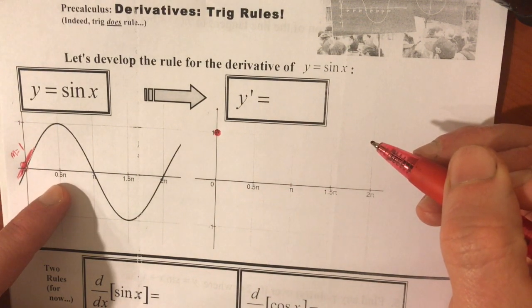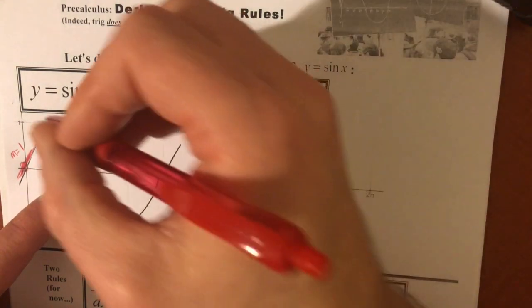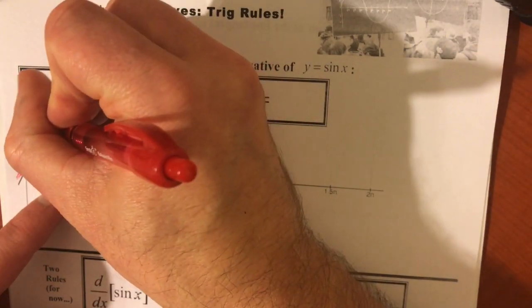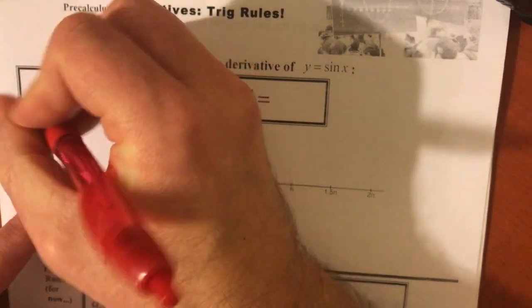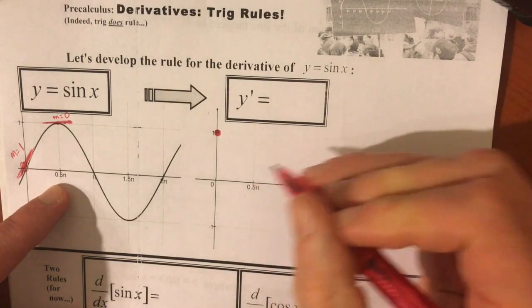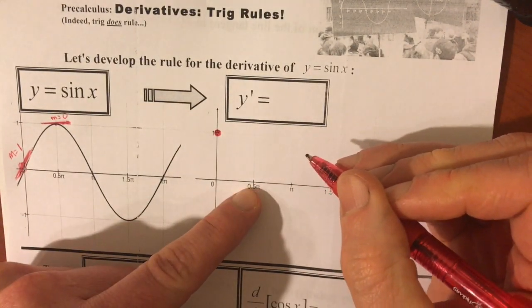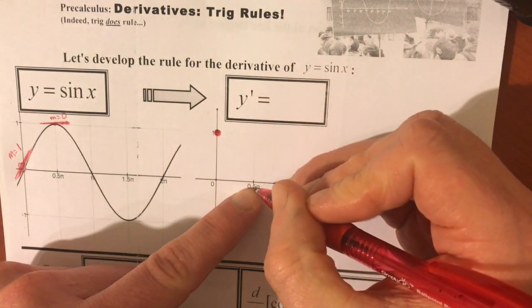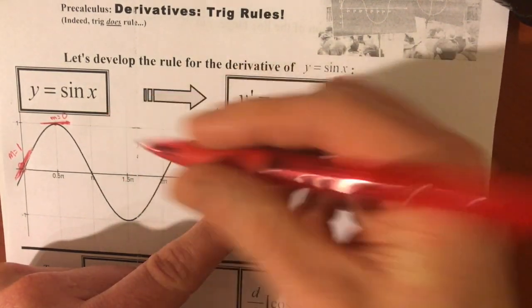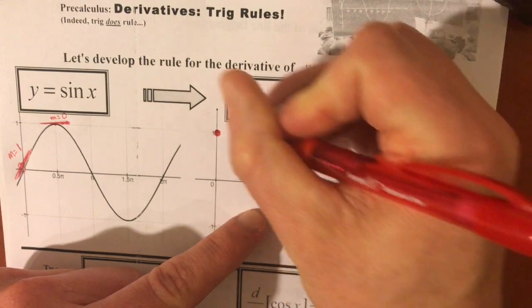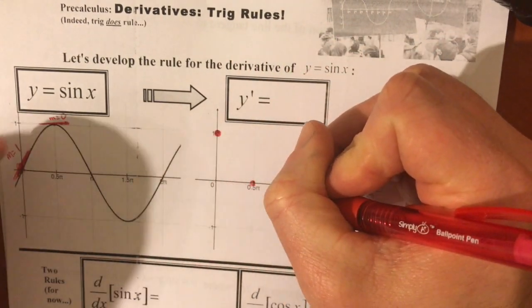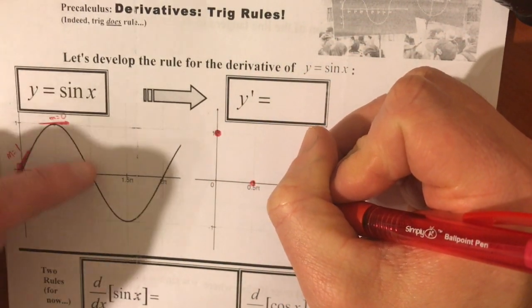At pi over 2, or 0.5 pi, this is right where we've hit the maximum, so our slope is 0, right? And so at pi over 2 on the derivative graph, my y-coordinate, or the output, should be 0. The y-coordinate on the derivative graph represents those slopes on the original.